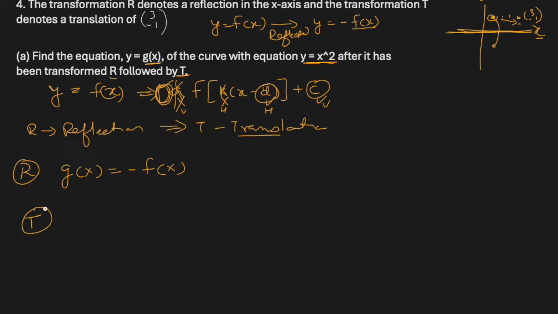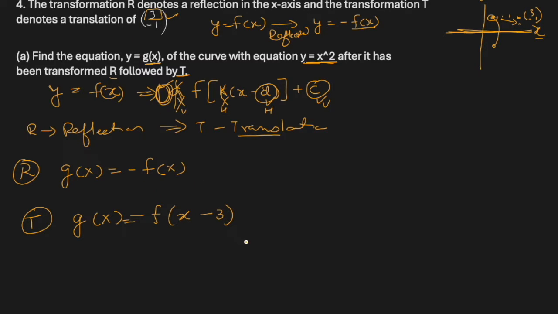Now translation, g(x) will be minus f(x - 3). x has been translated 3 units to the right. Whenever we write 3 units to the right, we don't add 3, we subtract 3. That is the rule for horizontal translation, because the graph starts 3 units later, not earlier. So this 3 has been taken care of.